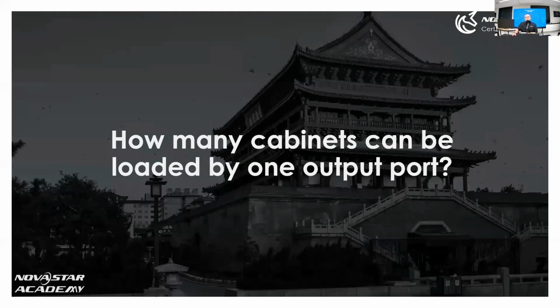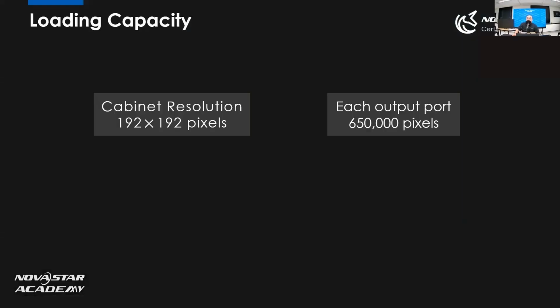But how can we know how many cabinets can be loaded by one output? This will be the question, right? We need to know how to calculate it. We need to know what are the steps we're going to follow. So here we have an example where the cabinet resolution is 192 by 192 pixels.